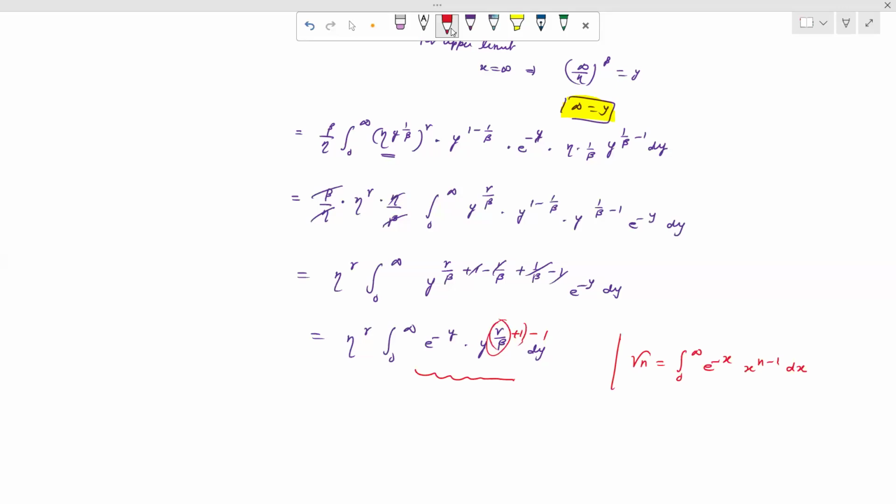So we take the first term, r upon beta plus 1, as n. So using the gamma function definition, this gives us gamma of n, which is gamma of r upon beta plus 1.